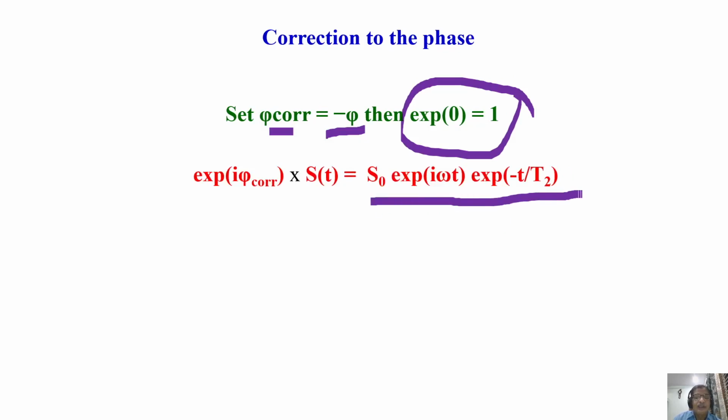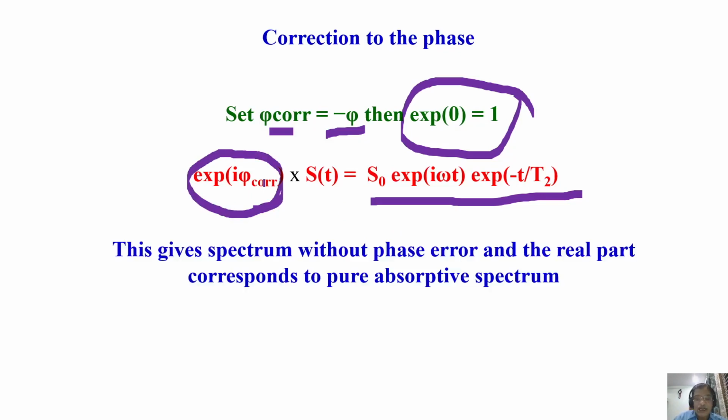After Fourier transformation, you will see only a pure absorptive spectrum in the frequency domain. That's what I have to do. So my job is to find out what this function is, right? This gives a spectrum without phase error, and the real part corresponds to the pure absorptive spectrum.